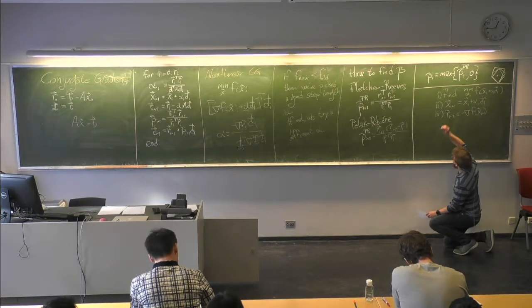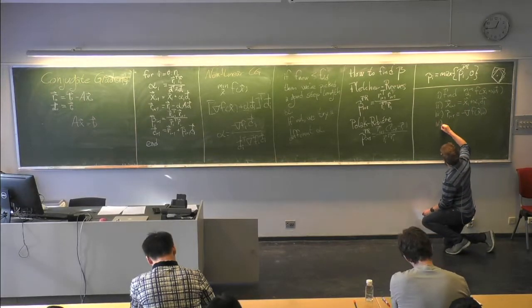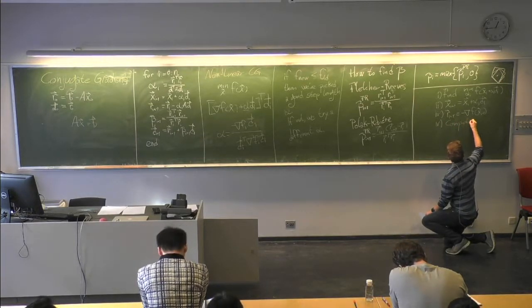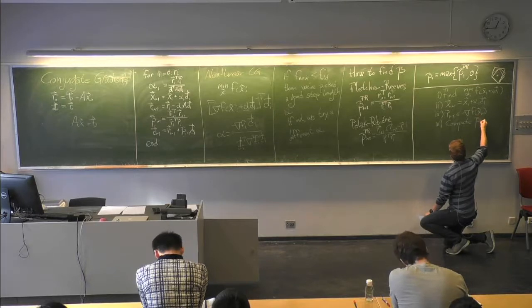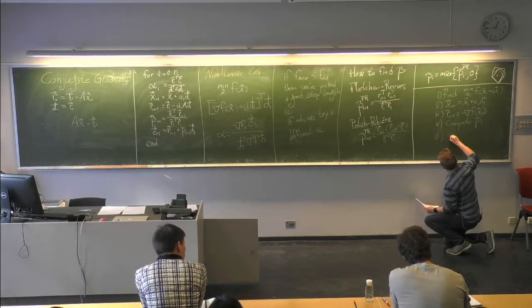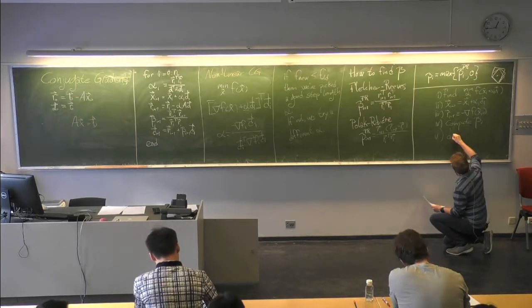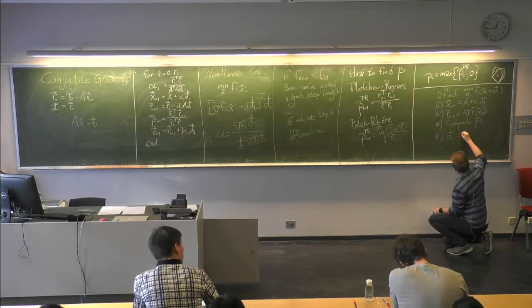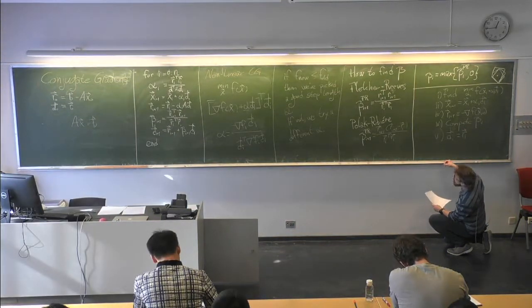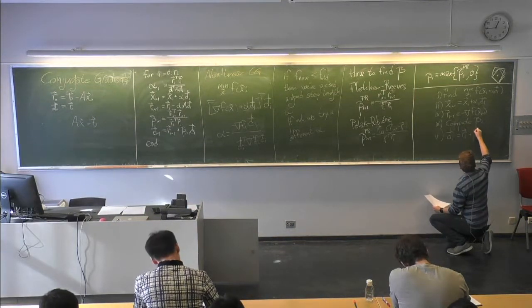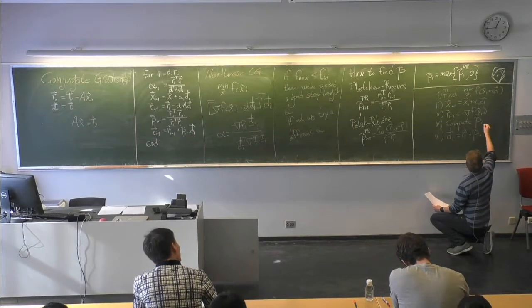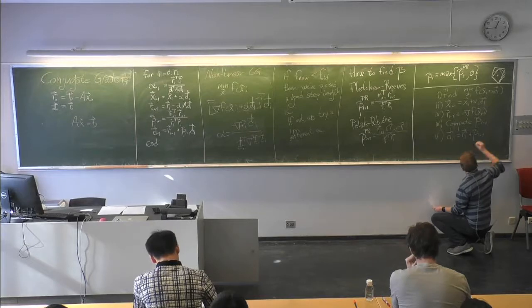Then compute beta_i plus 1, and you have your new direction, d_i plus 1 equals r_i plus 1 plus beta_i plus 1 d_i.